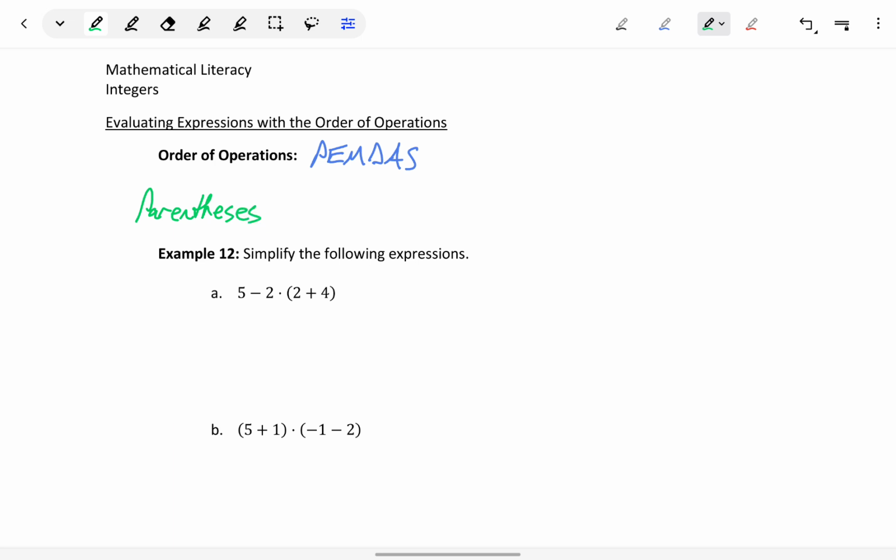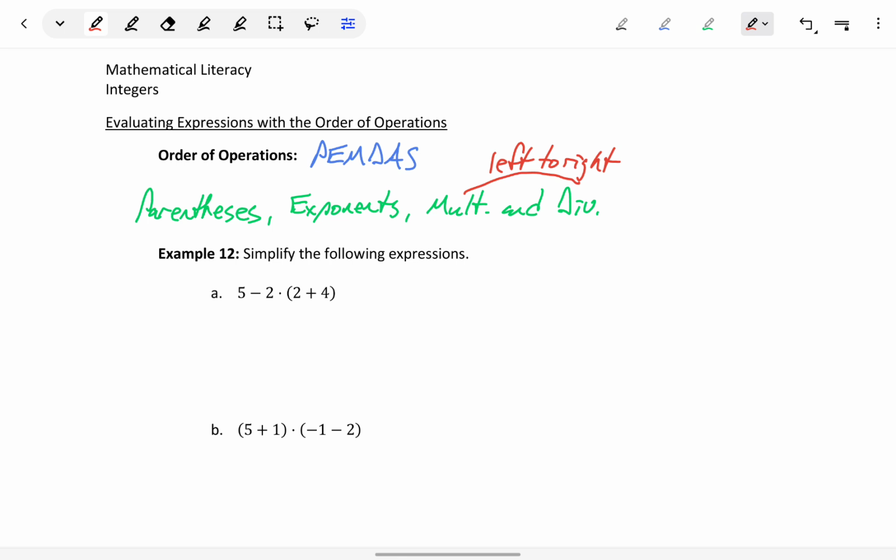is to start off with P, parentheses. So we first look at any expression inside parentheses and simplify or evaluate that. Then we look at exponents. Then we look at multiplication and division. But the catch here is that multiplication and division happen at the same time from left to right.